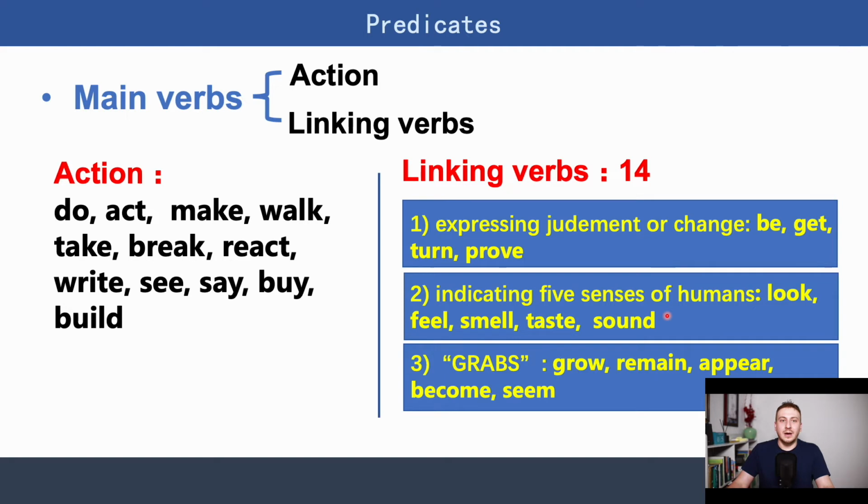Am I missing one? Look, feel, smell, taste, and sound. Okay, so one is missing here. There is another one, sound. I will try to add that verb here as well. And the third category is GRABS, right? So GRABS stands for grow, remain, appear, become, and seem.